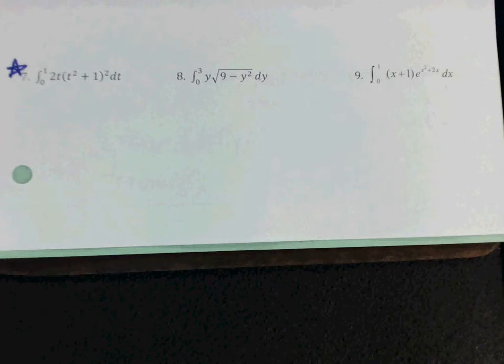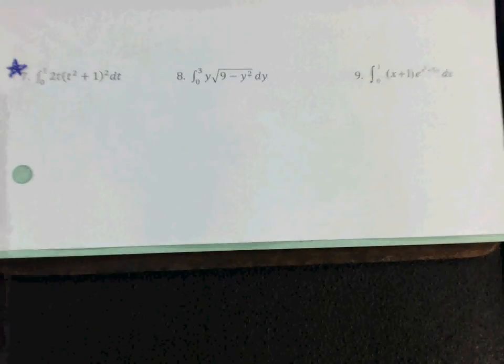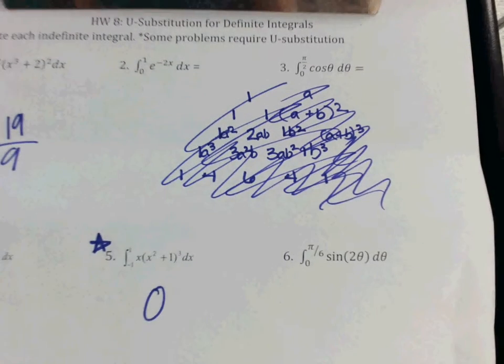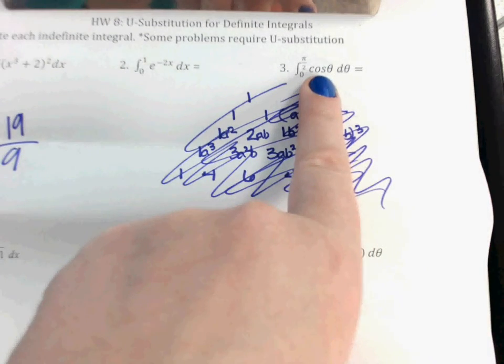Okay, hey y'all, look at number 3. That one actually doesn't even need U sub. I already scribbled all over it. Okay, but when you look at it, here's how you know if you need U sub or not. If you were taking the derivative and you need chain rule, you would need U sub. So if this is cosine theta, does that need chain rule for you to take the derivative? No. Then you don't need u sub to do the antiderivative.